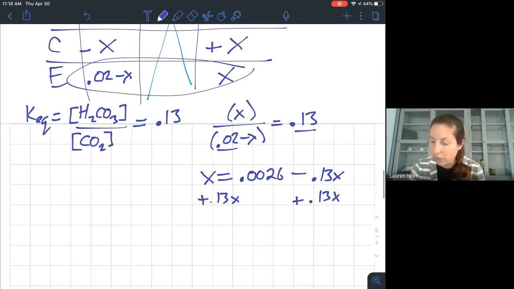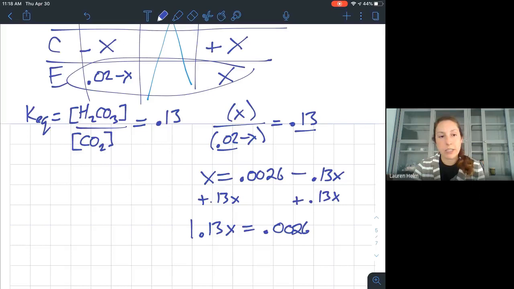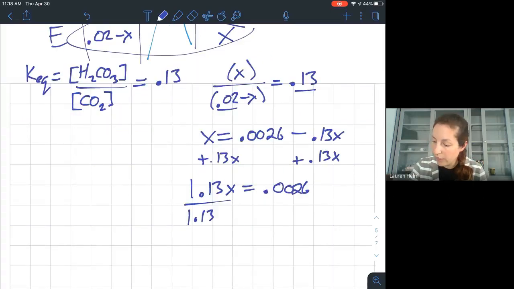And so I have 1x plus 0.13x, so I get 1.13x is equal to 0.0026. Now, how do I get x by itself? Divide both sides by 1.13. X is equal to 0.0023.